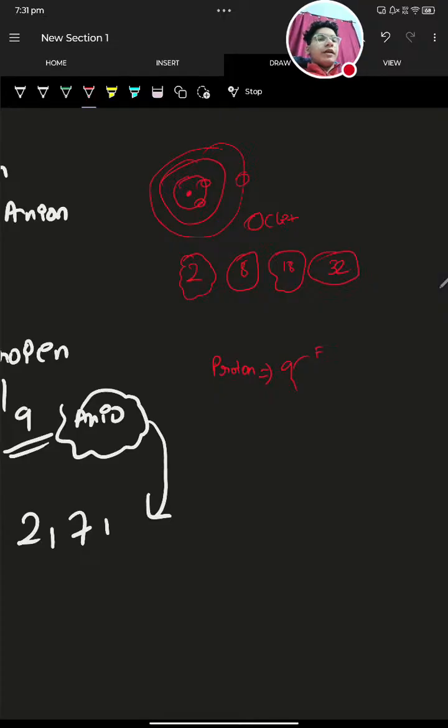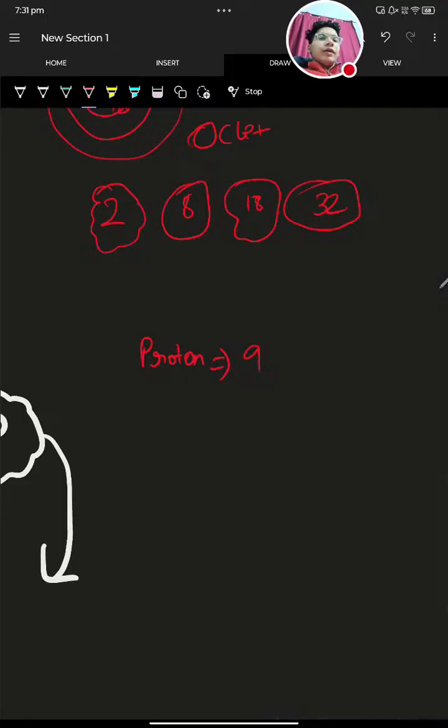If it is 8, it is oxygen. If you change the number of protons, you change the atom. So fluorine has 9 protons which are positive and 9 electrons which are negative, right? So its valency is 2 and 7.